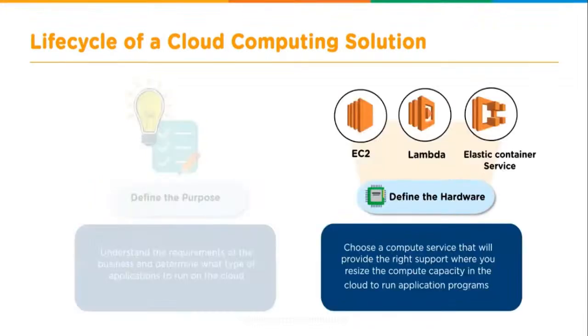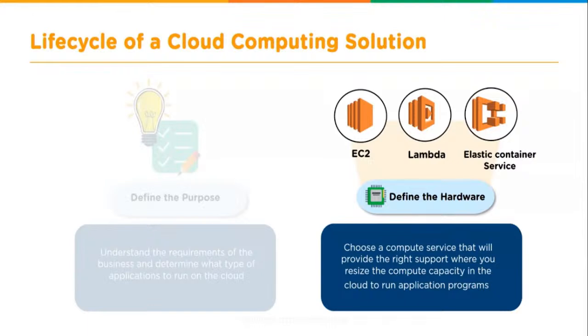Getting a sound understanding is the next thing which would be required. It would define the hardware, meaning choose the compute service that will provide the right support, where you can resize the compute capacity in the cloud to run application programs. Getting a sound understanding of the requirement helps in picking the right hardware.